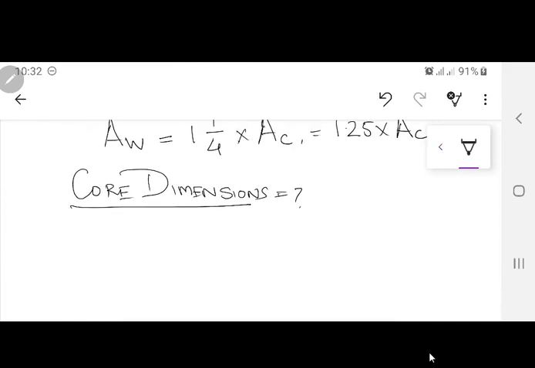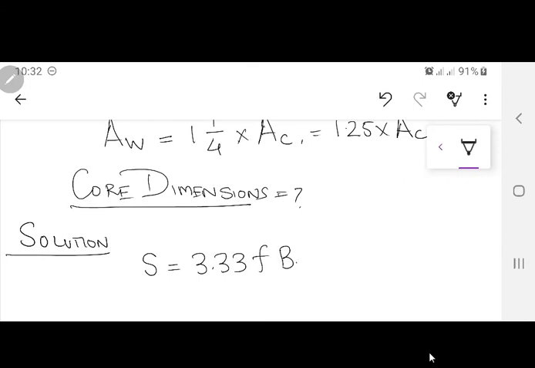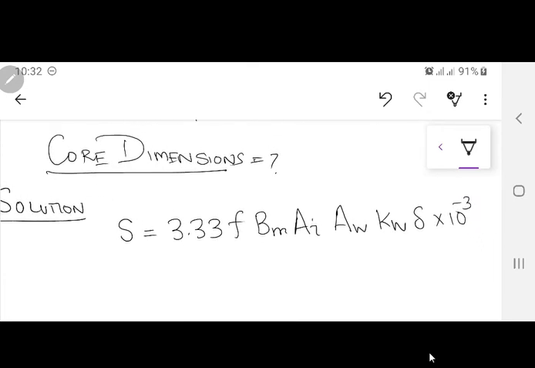If you remember, that was S equal to 3.33 F BM AI AW KW delta into 10 raised to power minus 3. Here in this equation, S is known, F is known, AW is known, KW is known, delta is also known. AI is not known, the area. So here I can just plug in the values.